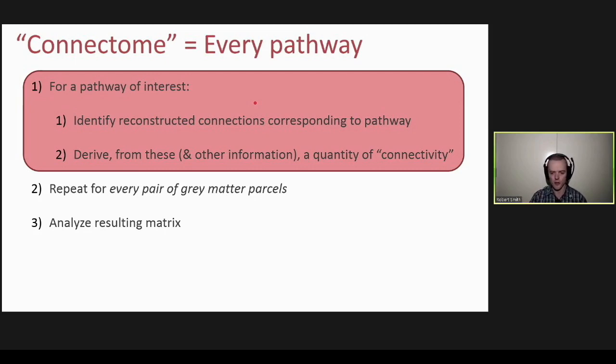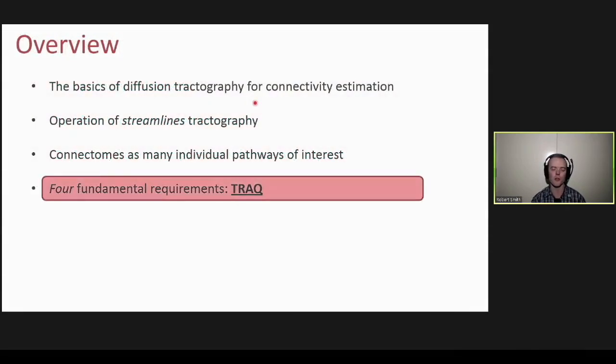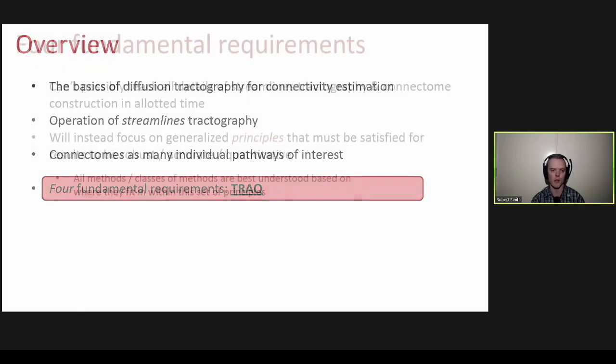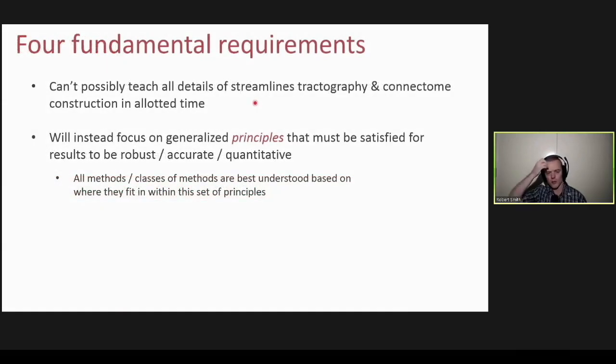And so for the subsequent section, that's what I'm going to focus on: these fundamental requirements that you need to satisfy during this process of quantifying white matter pathways. And this comes partly from the progressively increasing complexity of both the state-of-the-art methods that are developed and the various software packages that are made available, the huge number of options available to you.